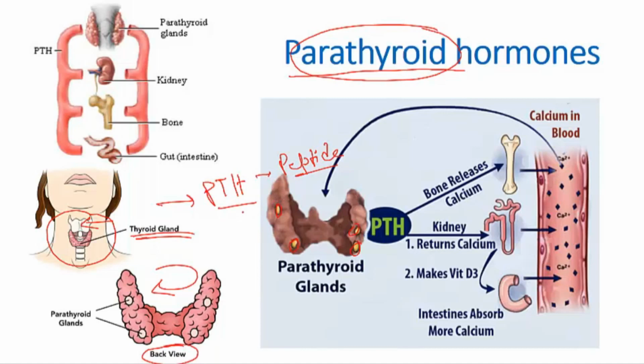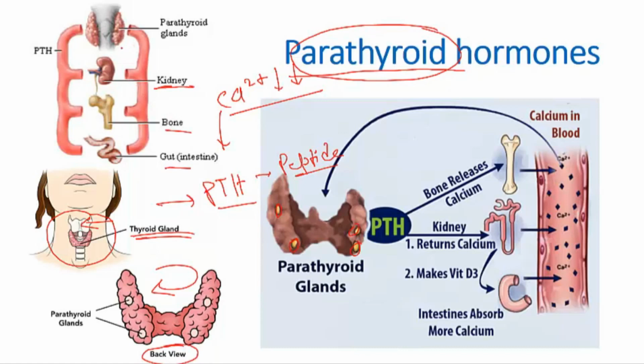Okay, and this parathyroid hormone secretion is stimulated by a drop in the blood calcium level. So if somehow there is a drop in the blood calcium level, that triggers the parathyroid glands to release parathyroid hormone, and this parathyroid hormone targets multiple tissues listed here. It can target kidney, bone or gut.